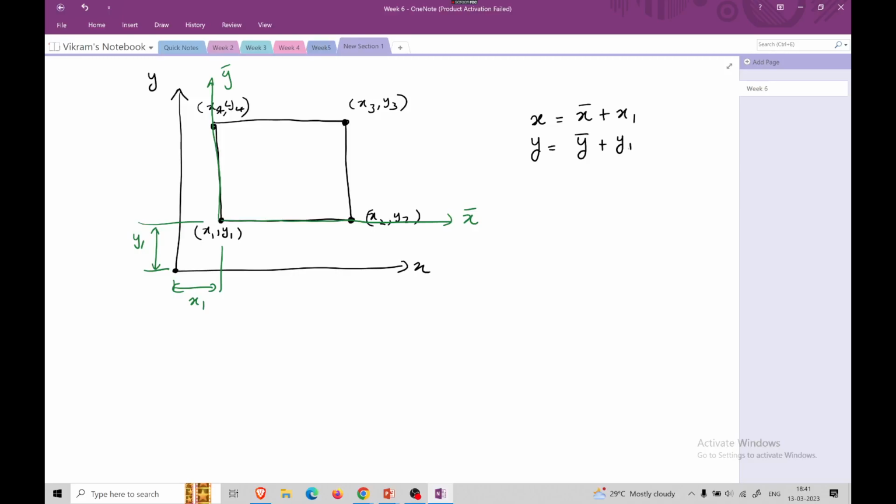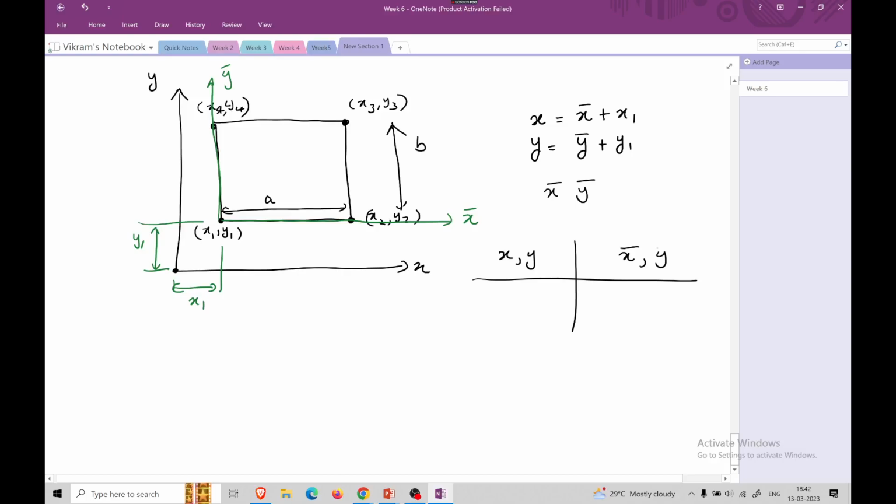So if you make this side a and this side b, in my x bar y bar I can simply write in this fashion. I am going to write my nodes 1, 2, 3, 4. Here it is my x1 comma y1, and correspondingly it will be 0 comma 0.